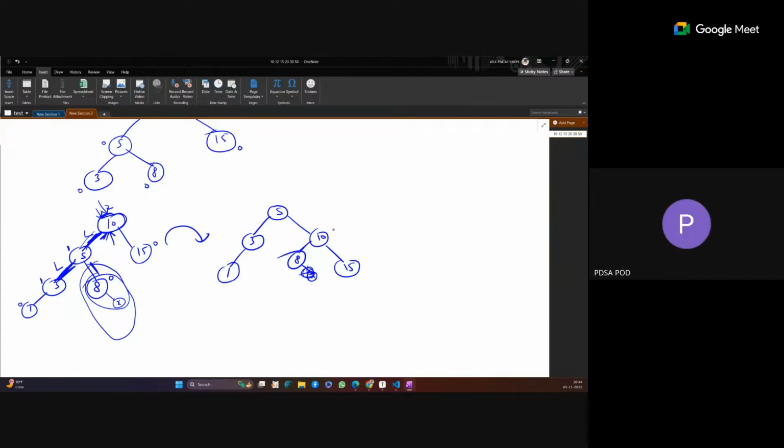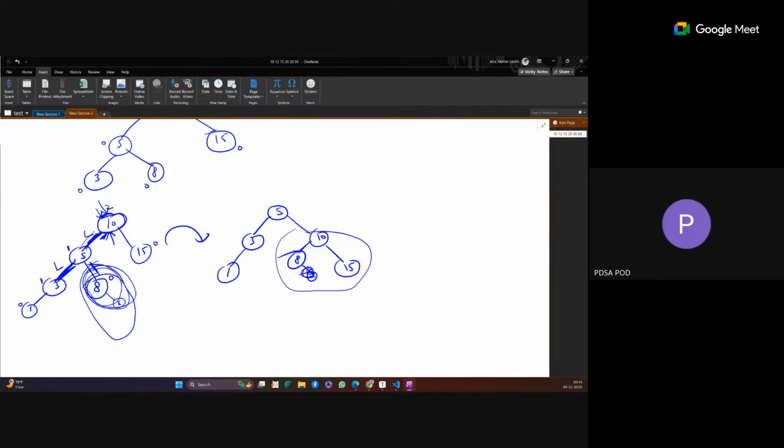All the elements on the left are smaller than 5, and the left and right of every parent is also maintained. So this is one special condition you will see if this situation comes, and you just modify like this. Rotations are performed in the same way as we discussed, but this type of connection you have to modify.